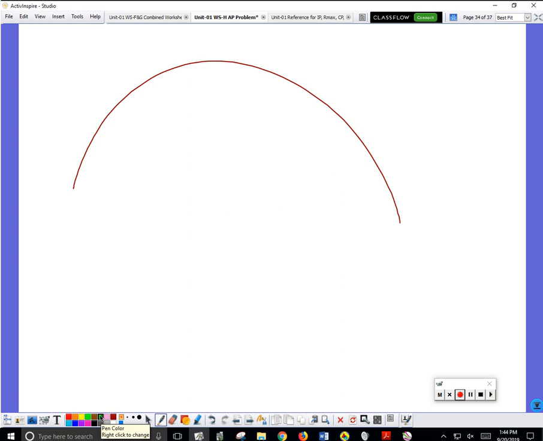As you read the graph from left to right, and you pay attention to tangent slopes, so I look at this tangent slope, and then maybe I compare it to, say, this tangent slope, and then maybe this one, and maybe this one.